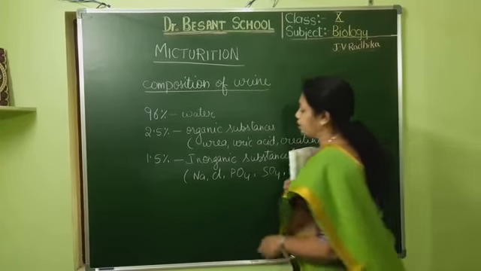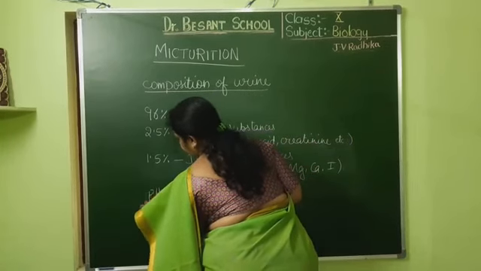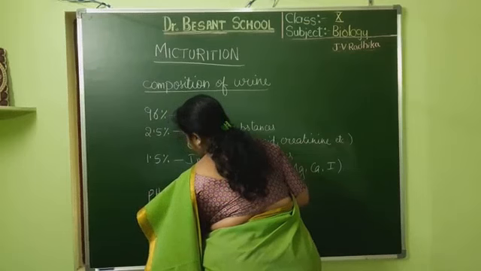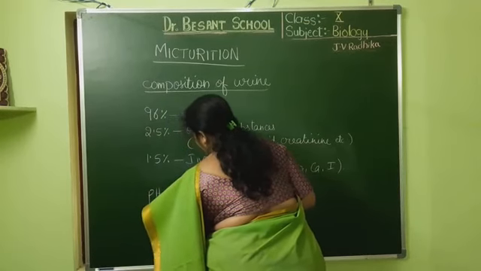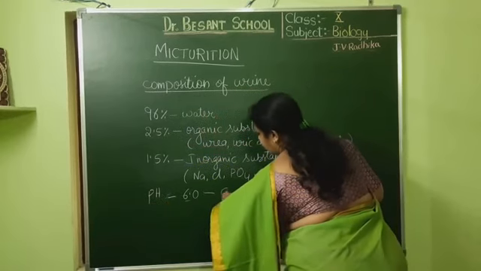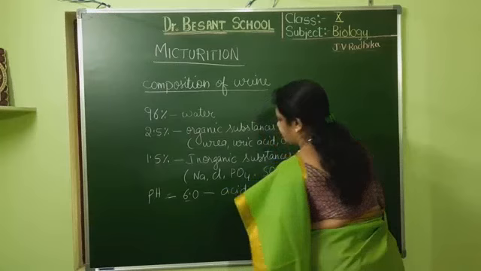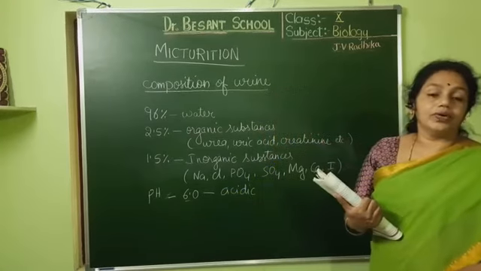And normally, what is the pH of urine? pH is around 6. So is it acidic or basic? It is acidic in nature, because of the urea, uric acid and all.